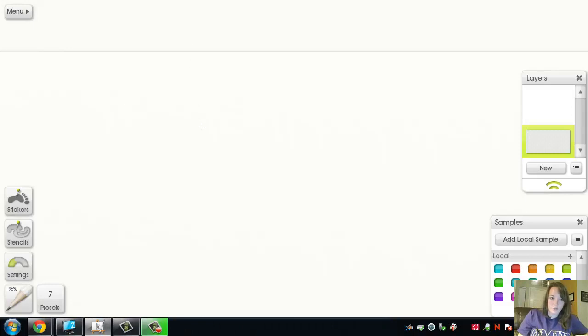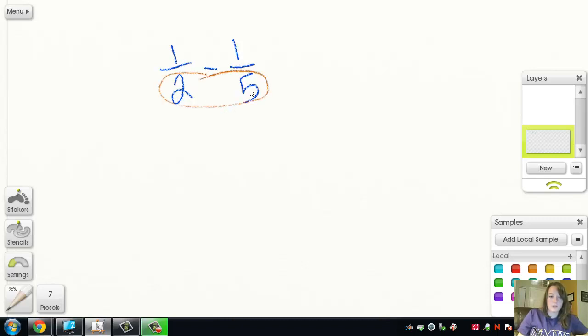Last example, I swear, but I do want to do one where we have subtraction. If I have 1/2 minus 1/5, my first step is to get them tops and bottoms, which it's already there, so we're fine. Then I have to find a common denominator. 2 and 5 can both go to 10.